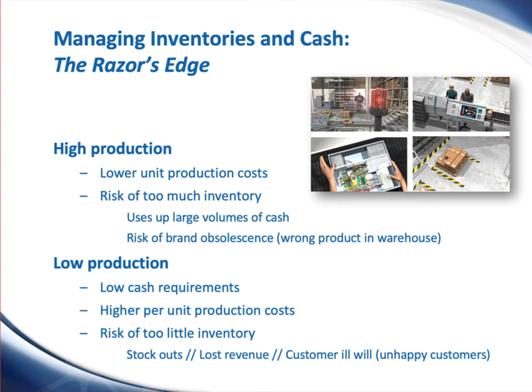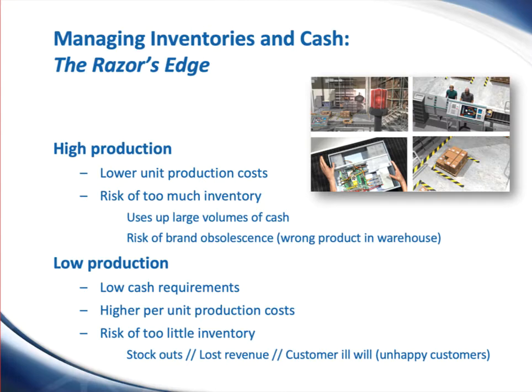Large volumes of inventory, as you'll figure out in our simulation, lead to a lot of cash that is bound by inventory. In addition to that, you have the risk of brand obsolescence because of developments by competitors that makes your brand no longer competitive in the marketplace. And if you have the wrong product in the warehouse because your brand is obsolete, you will have to actually discard it at a loss.